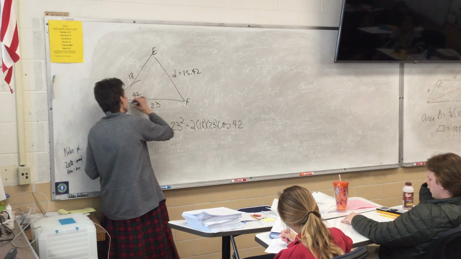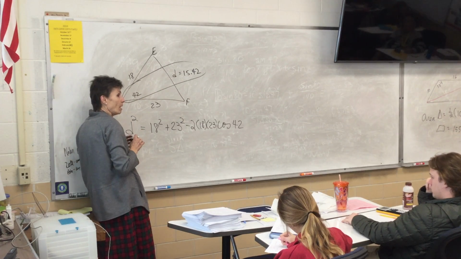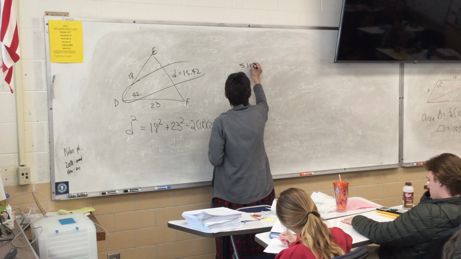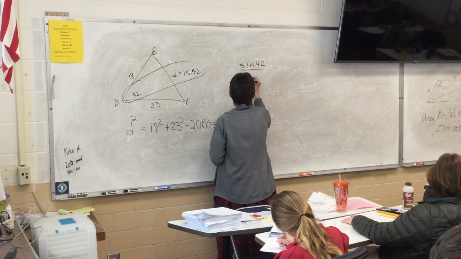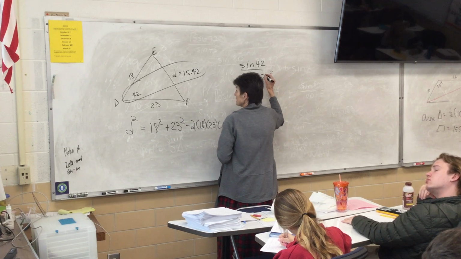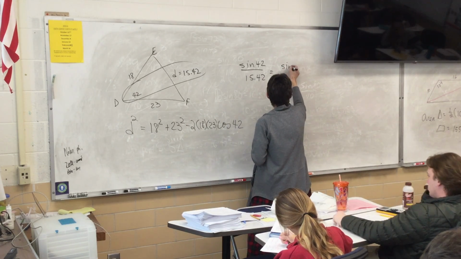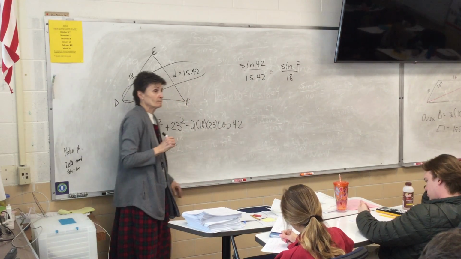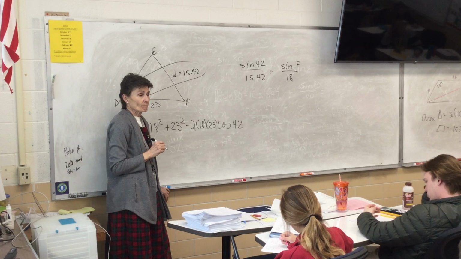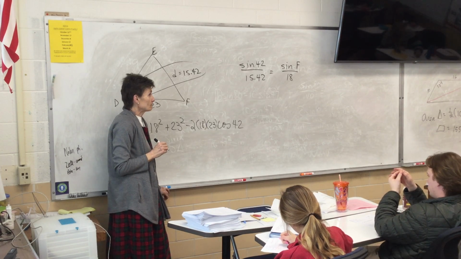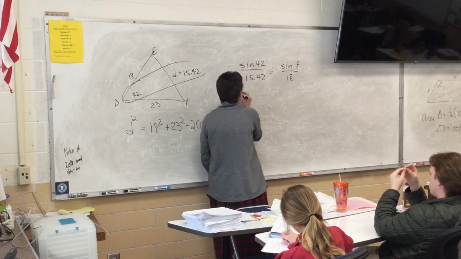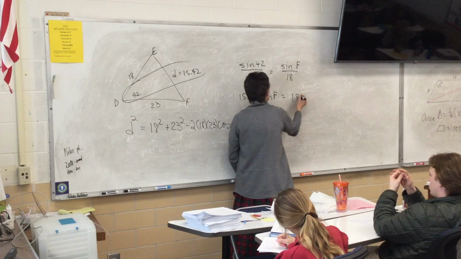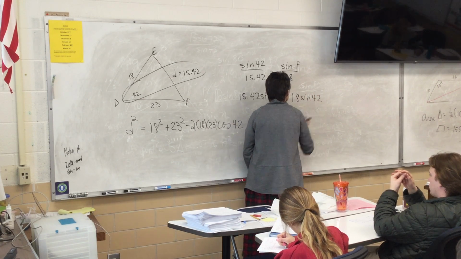Okay. Now, take a look at your situation at this point. Now I can set up my law of sines. So sine 42 over 15.42 equals sine f over 18. So 15.42 sine f equals 18 sine 42.